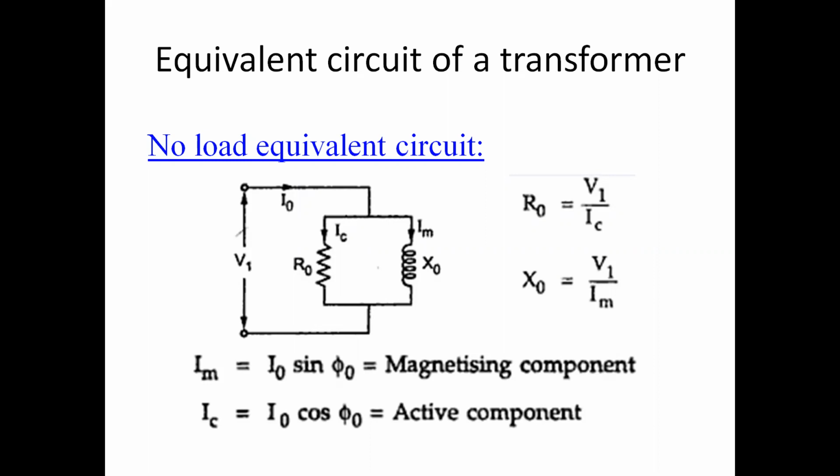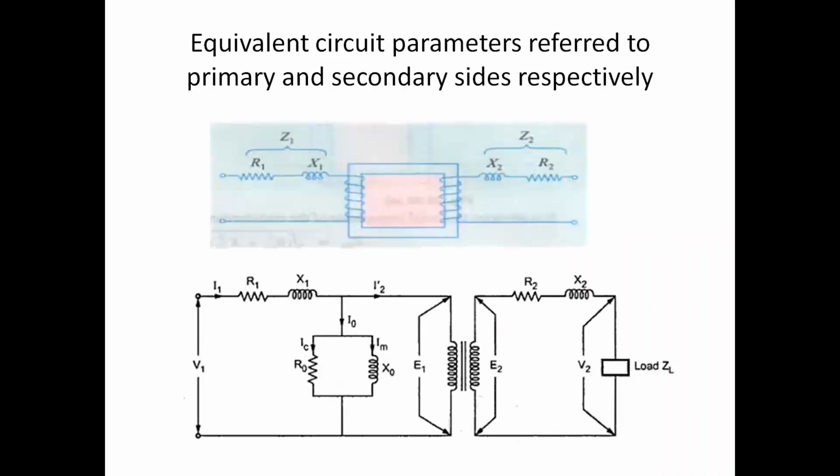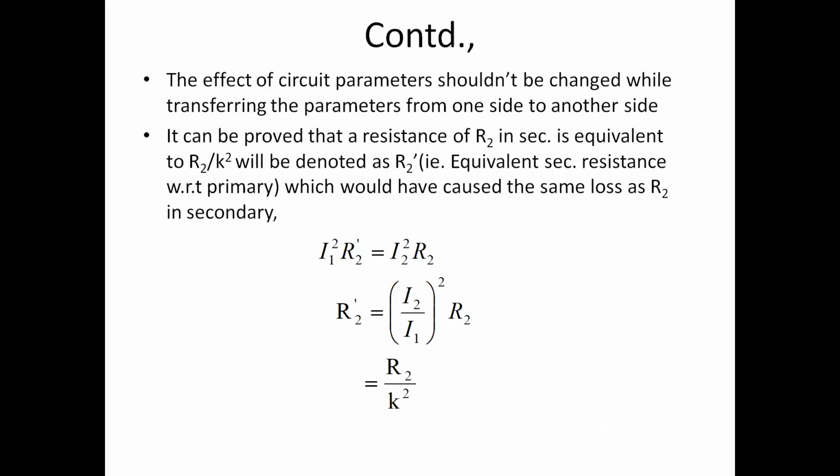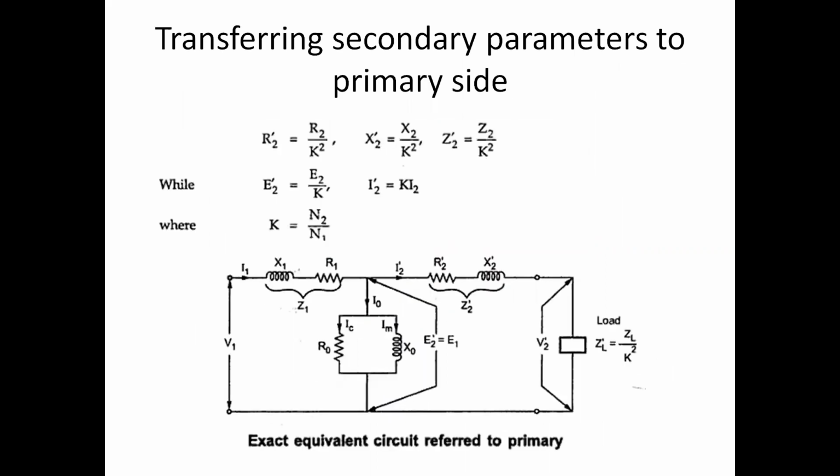So by the no load test, we calculate the magnetizing branch parameters R naught, X naught, I naught, the two components of I naught, and core losses. The power input at no load equals the core loss. So this is the open circuit. This equivalent circuit we already explained.